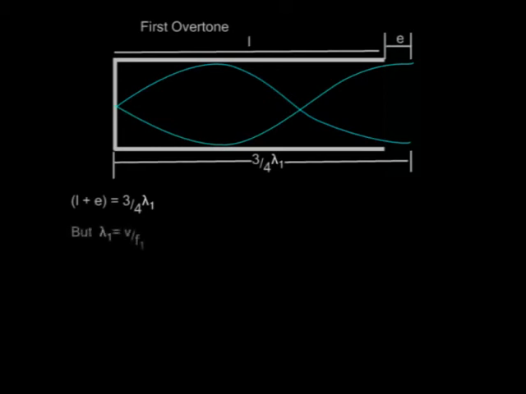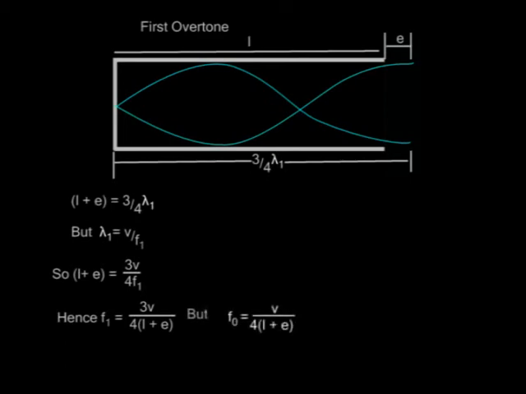But lambda 1 is equal to V over F1. So L plus E is equal to 3V over 4F1. Hence, F1 is equal to 3V over 4 into L plus E. But then F0 is equal to V over 4 into L plus E. Therefore, F1 is equal to 3F0.